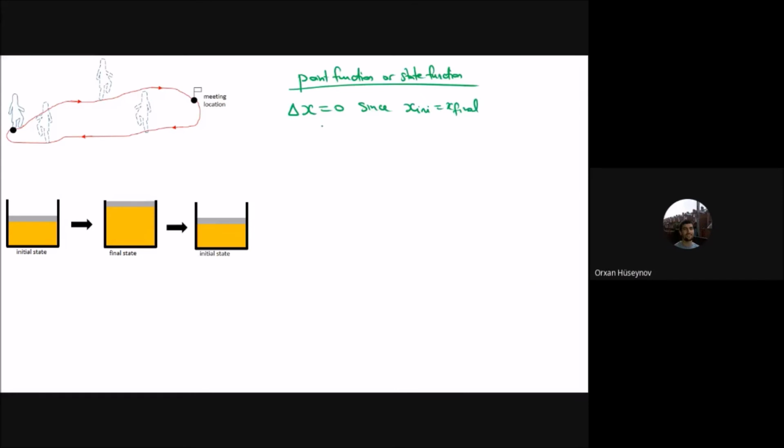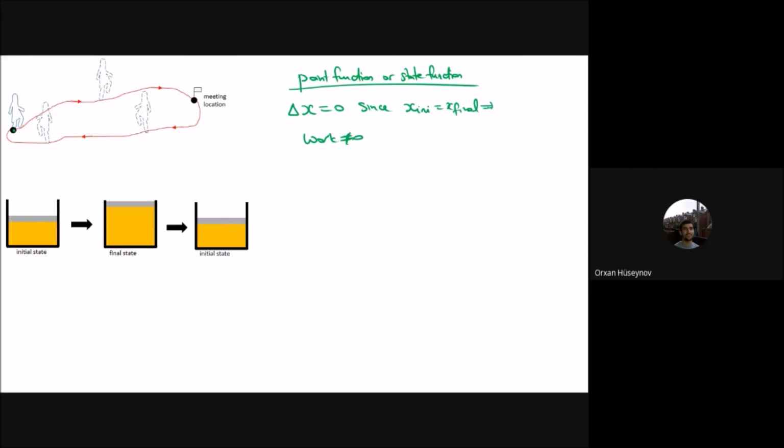But if I ask about the work that she has consumed during this travel, the work is not 0. You can see the difference. In one case, the displacement is 0, we have the same point as the beginning, but the work is not 0.